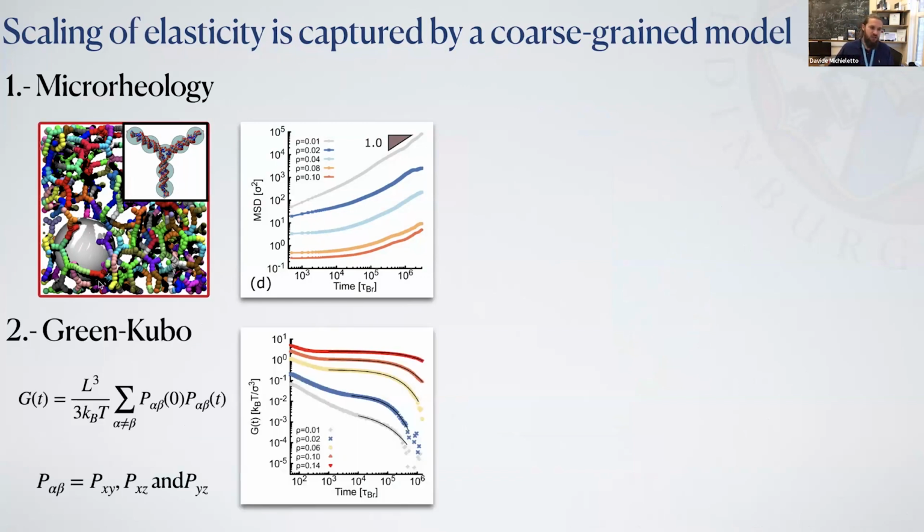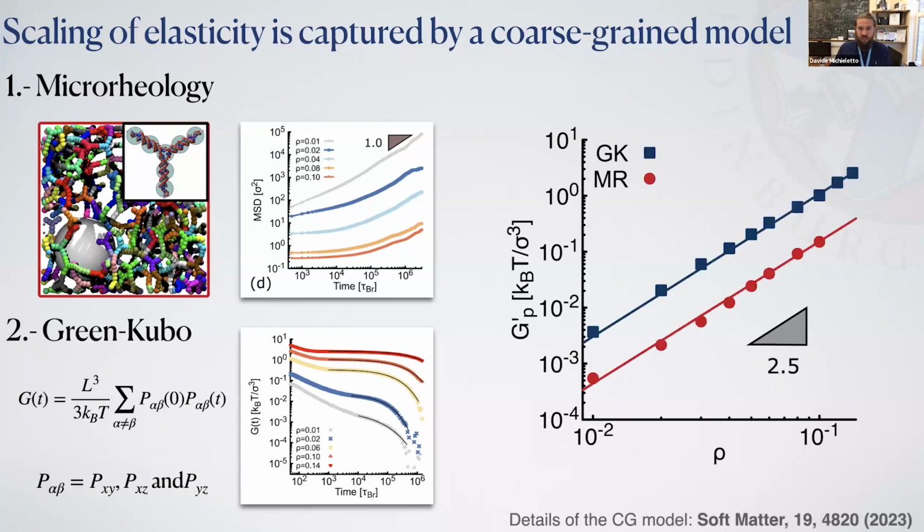One is the equivalent of microrheology: you embed a massive particle and you track its motion through this fluid of nanostars. The other way is to look at the autocorrelation of the stress tensor. Either way, we get a 2.5 exponent from the simulations, either with the Green-Kubo or with a simulated microrheology.